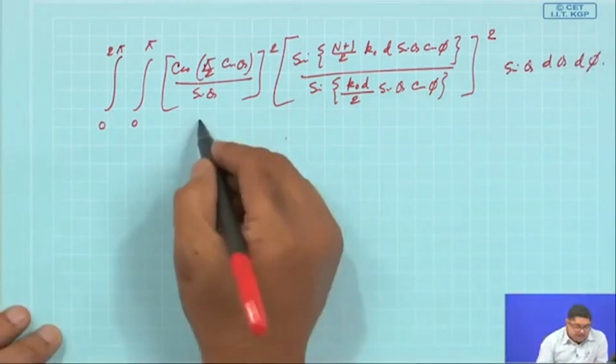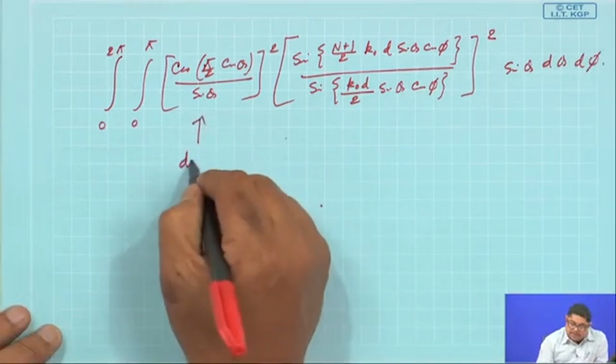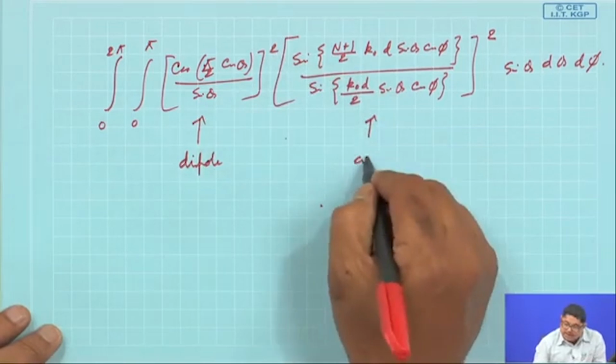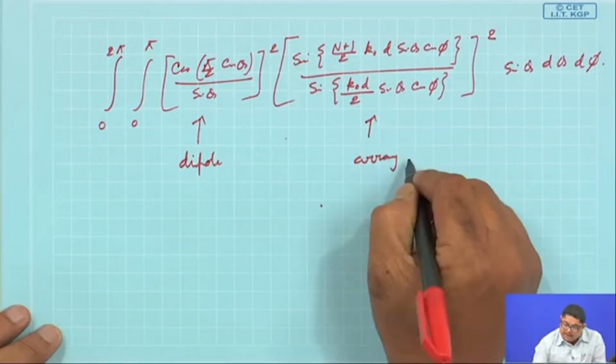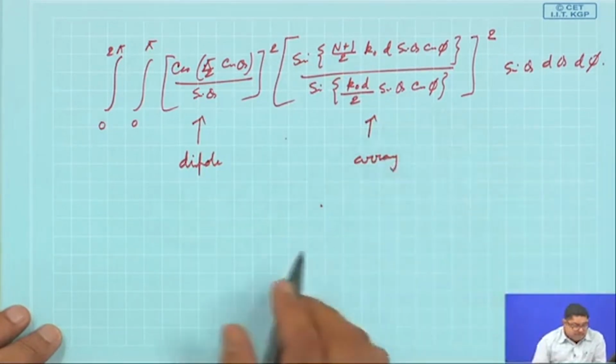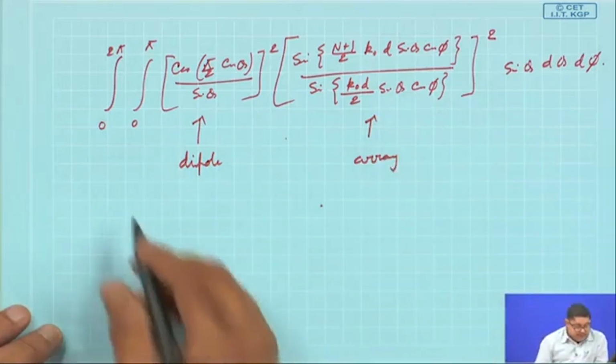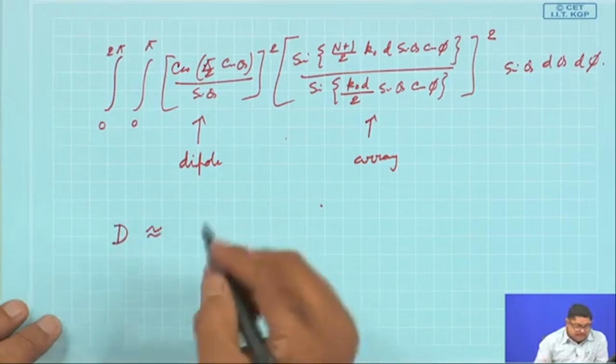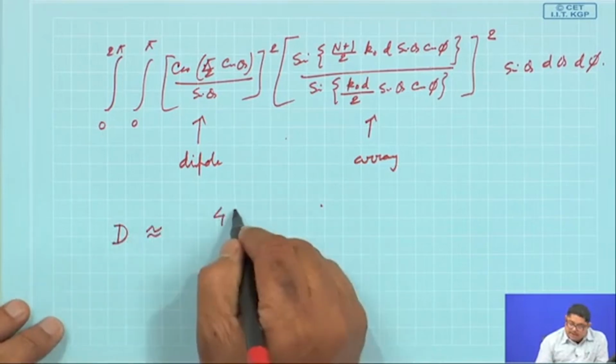We will have to evaluate this. Why this? This is actually the dipole's pattern. You see, I have taken the square of that. This is the broadside array factor. Now, this is difficult. Instead, what we do, we approximate D like this.